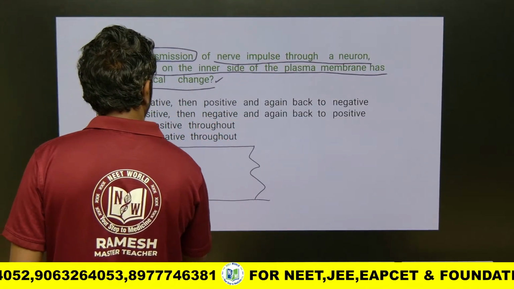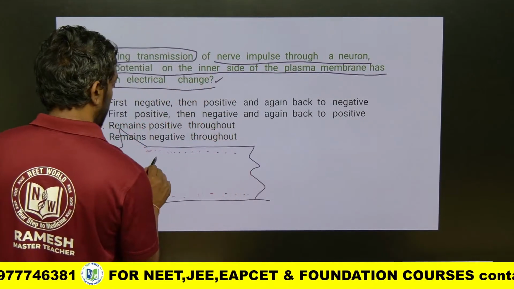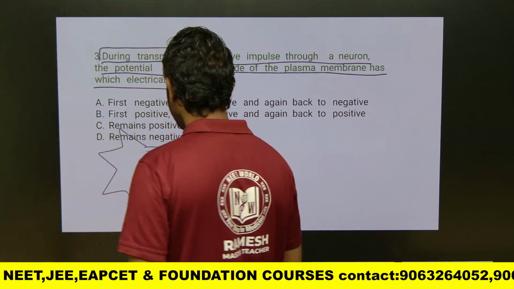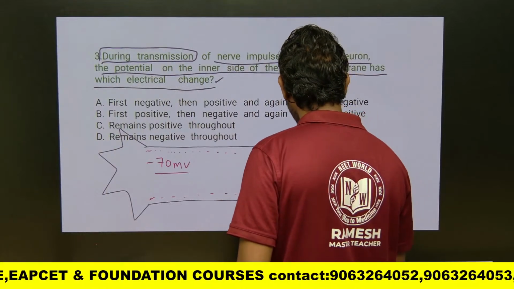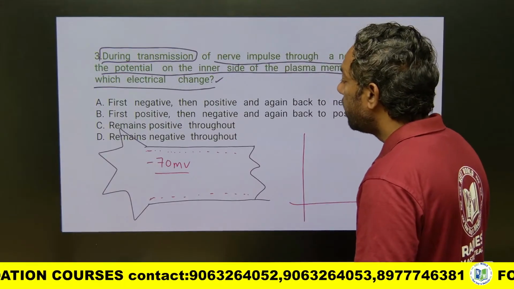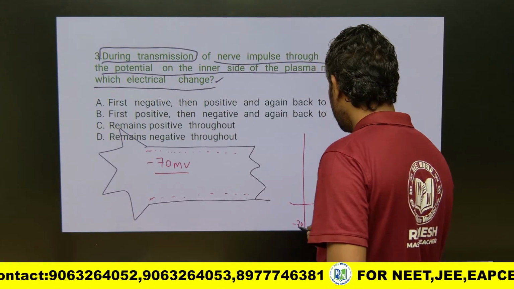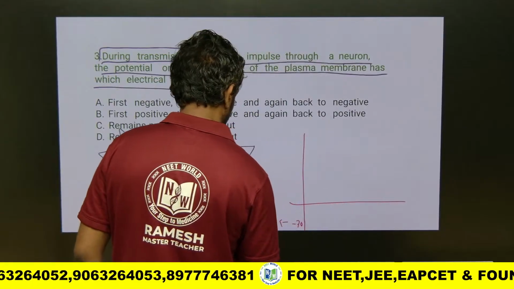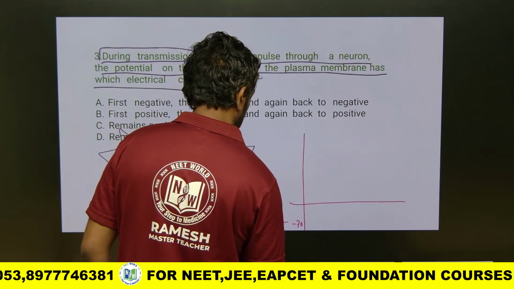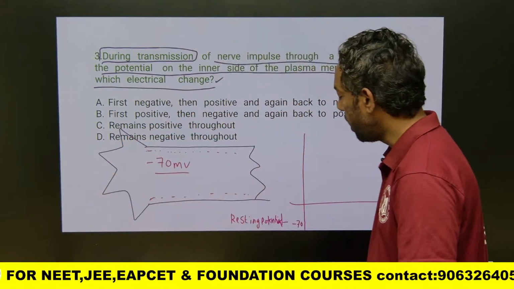The neuron membrane is maintained at minus 70 mV, as we know, right? So the potential is minus 70 mV, and that is the resting potential. Resting potential is minus 70 mV.